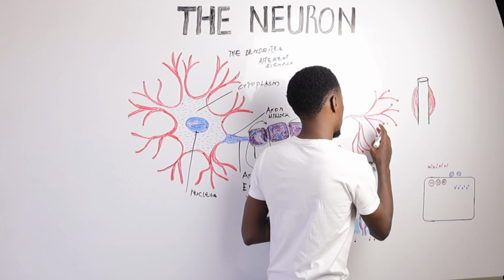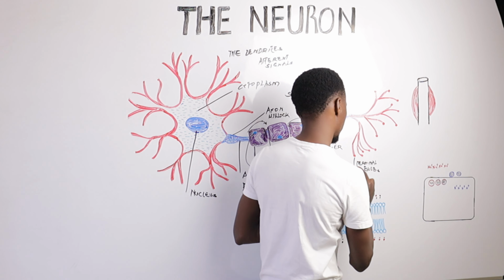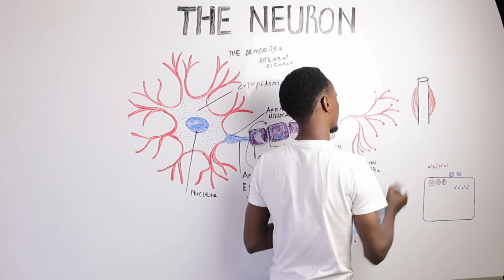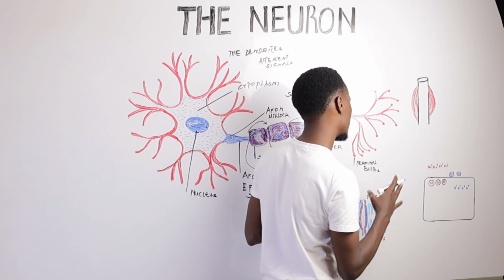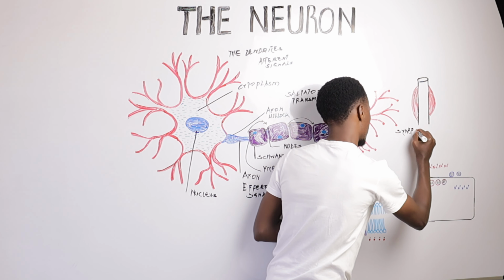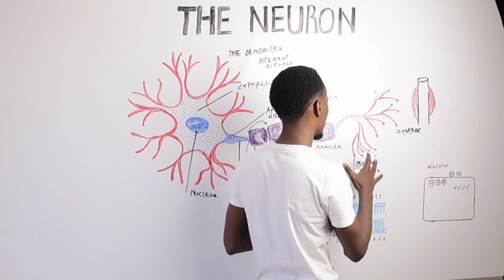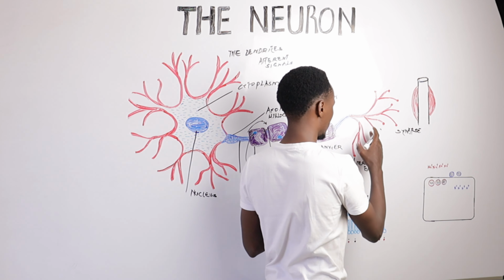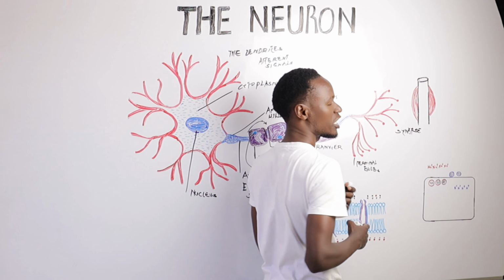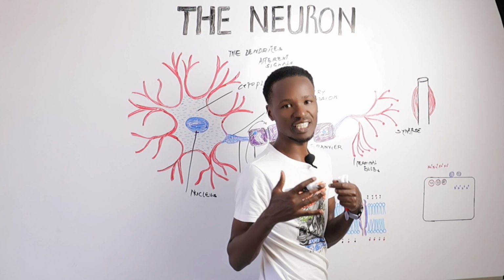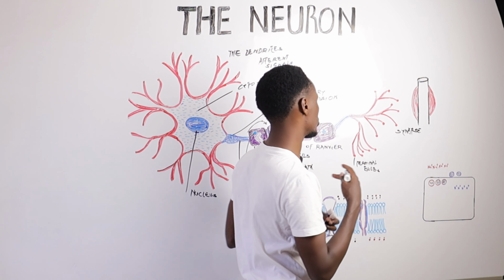Between the end of the axon, which is the terminal bulbs, and the muscle, there is a very small gap that we call the synapse. This is where the electrical signals become chemical signals, and then again electrical signals, in order to communicate with the muscle, for the muscle to contract.